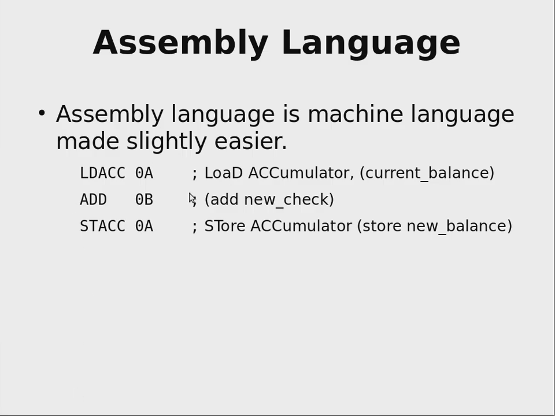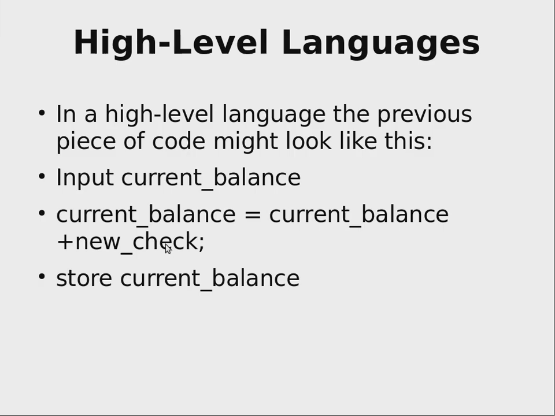For example, to load some number from a register, you say, for example, load accumulator, then add the number in register 0B, and then store this accumulator in register 0A again. But in high level general purpose languages, you do something like this: current balance is current balance plus new value. It is much easier to understand, and of course when you translate it into assembly programming language, it becomes much longer.